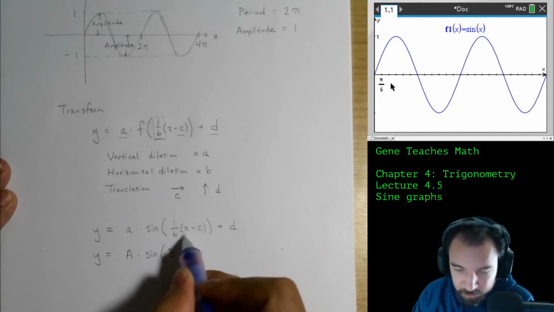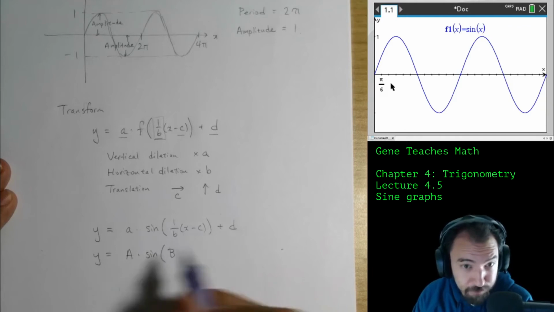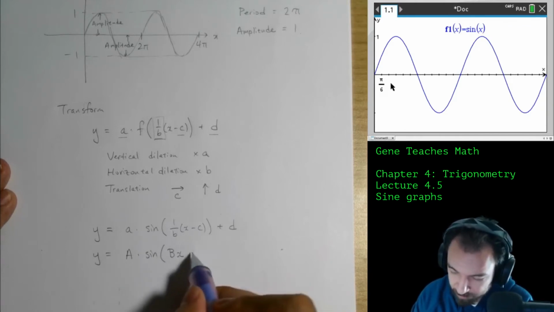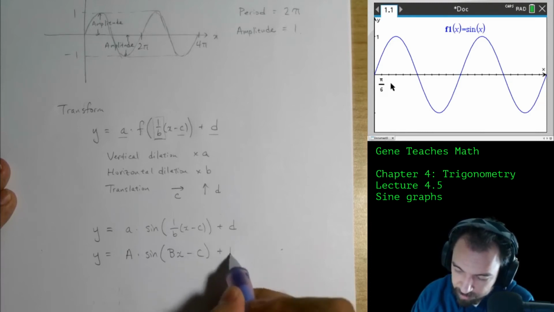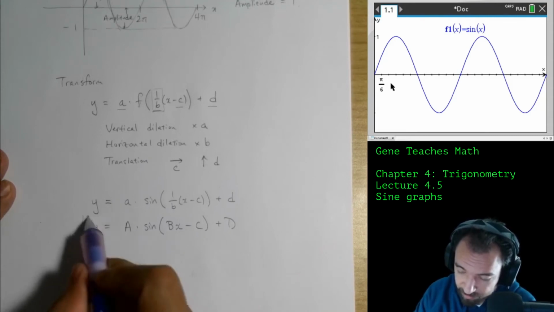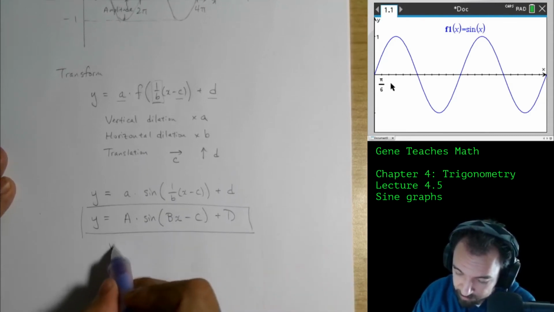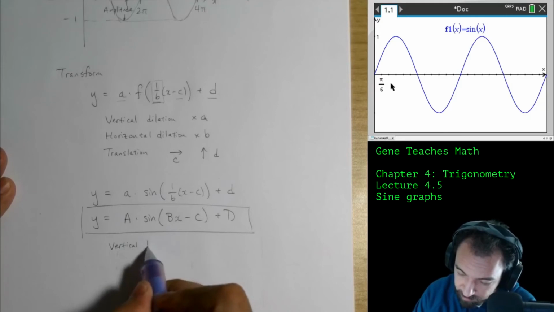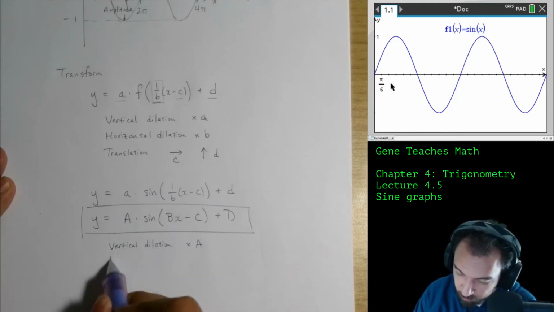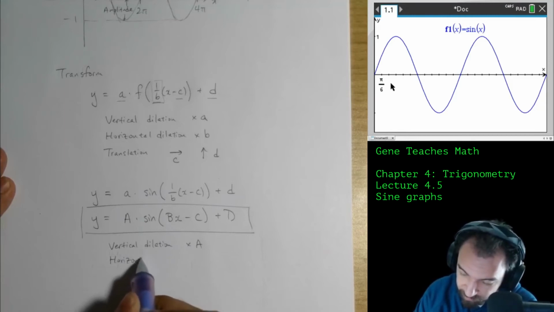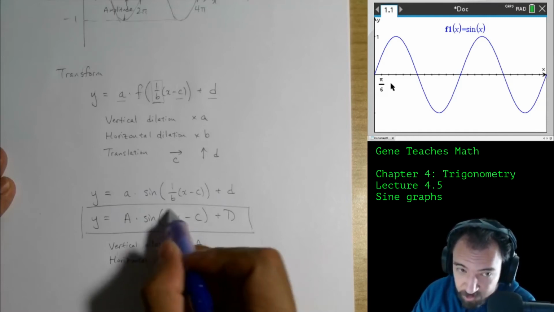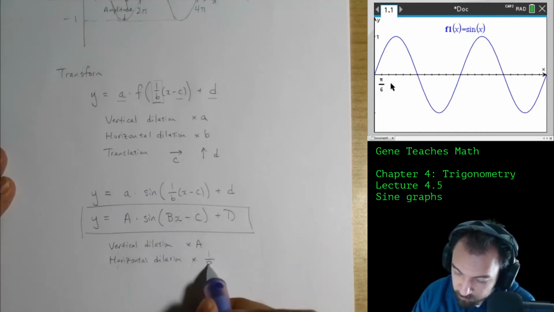Some people put the parentheses, some people don't, and that means totally different things, but I'm going to go with what I've seen in our textbook and do this. So in this context, that means there's a vertical dilation times A. There's a horizontal dilation of times the reciprocal of this value, 1 over b.